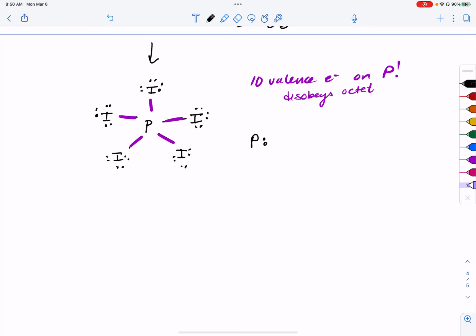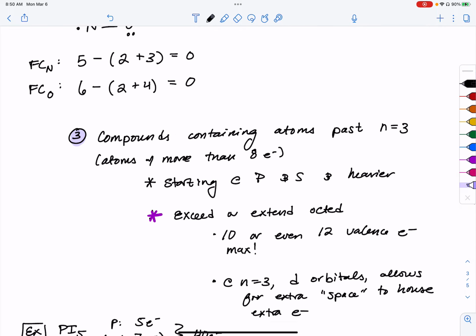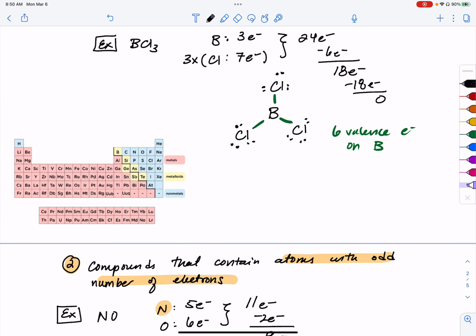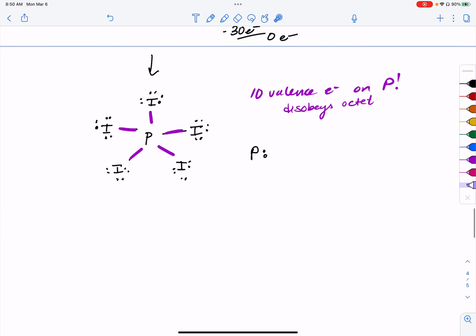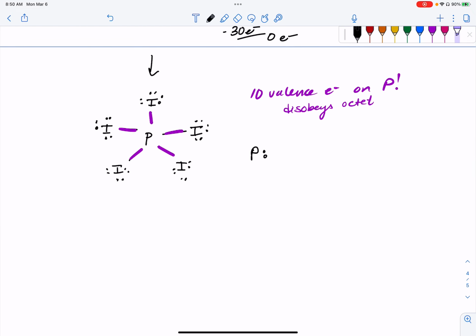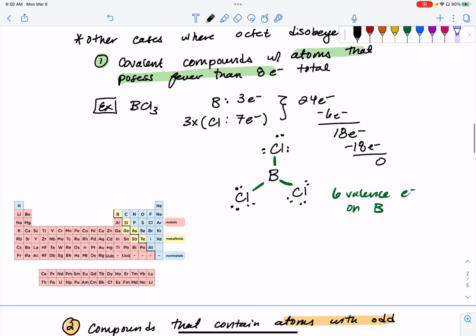Let's again look at the full electron configuration for phosphorus. Okay, so I am here, n equals 3. So if I were to follow Aufbau, let's go ahead and do my noble gas core. So I would have neon, and then 3s2, 3p1, 2, 3.